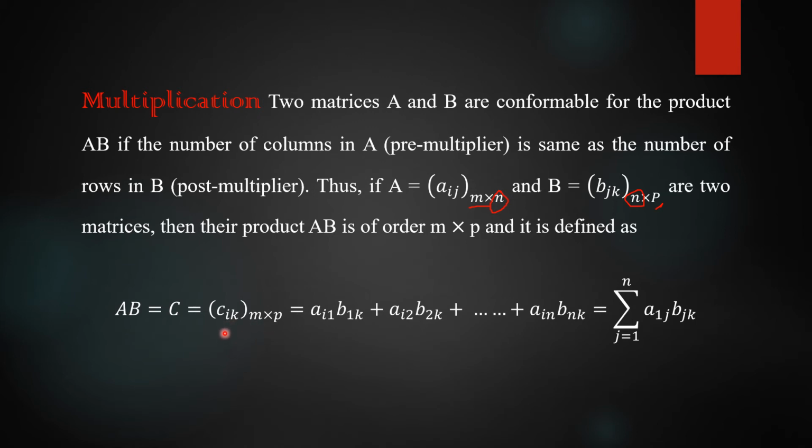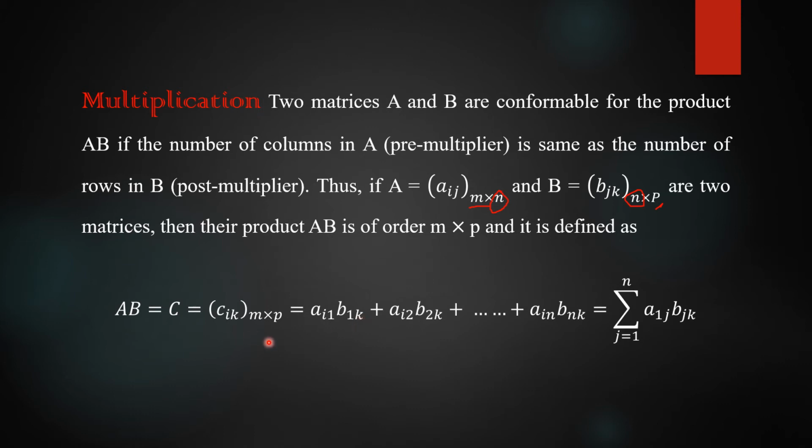And this Cik, that means the elements of C, are obtained by adding the products of Ai1, Ai2, Ai3. This is row actually, I is the row number. So Ai is the I-th row, with 1st column, 2nd column, up to the N-th column. The I-th row, 1st column will be multiplied with the second matrix B, 1st row, K-th column.